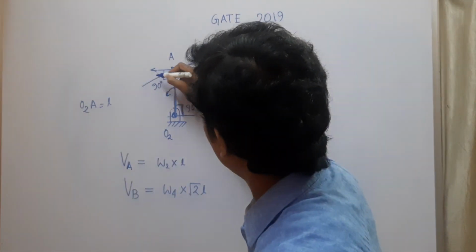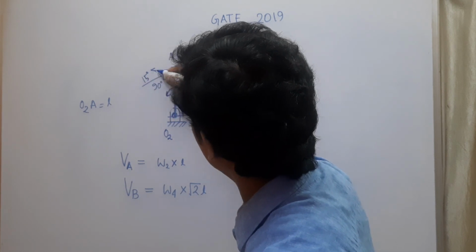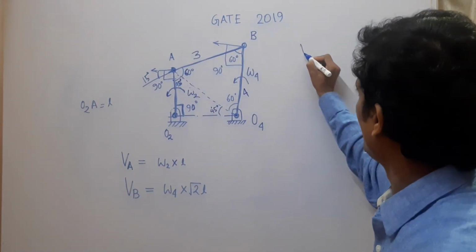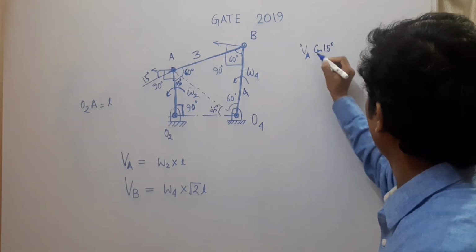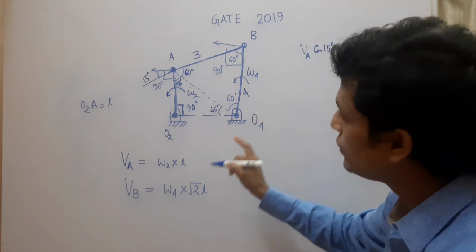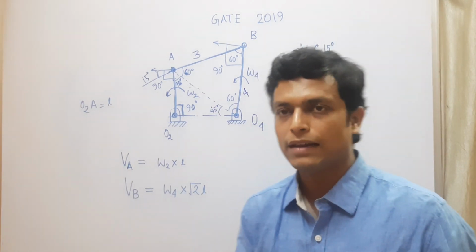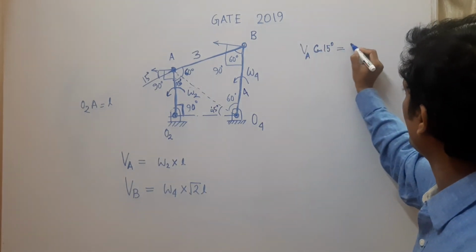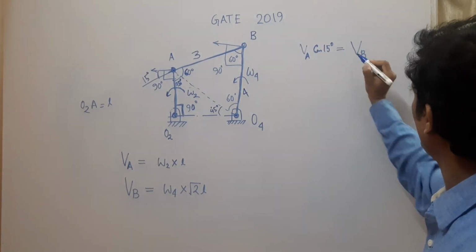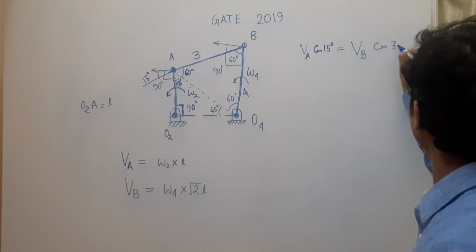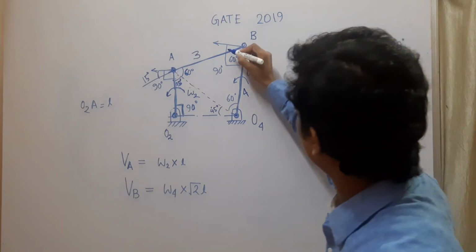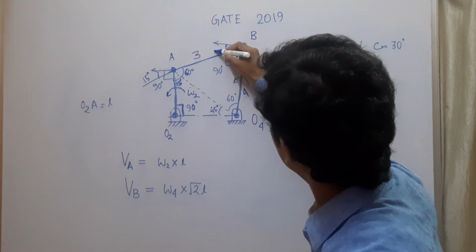Now this angle is 15 degree, we have already determined. So VA cos 15 degree is the velocity component of A along AB, which should be equal to the velocity component of B along AB, and this is 30 degree, because this is 60, then this angle is 30 degree.